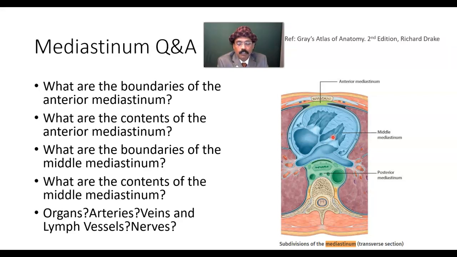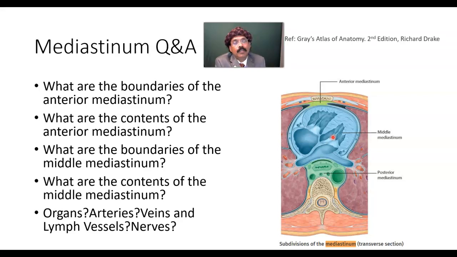Okay, we got the contents of the middle mediastinum. Again, heart, pericardium, ascending aorta, pulmonary trunk and its branches, pericardiacophrenic vessels. What are the veins? Superior vena cava. Then we must add the azygos vein, and certainly the pulmonary veins.